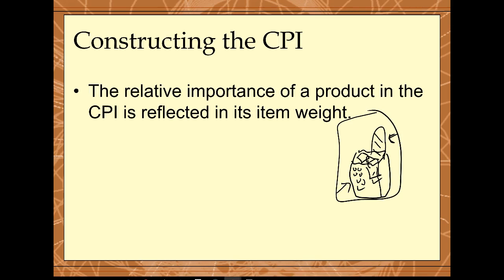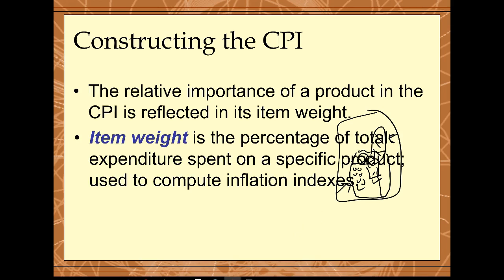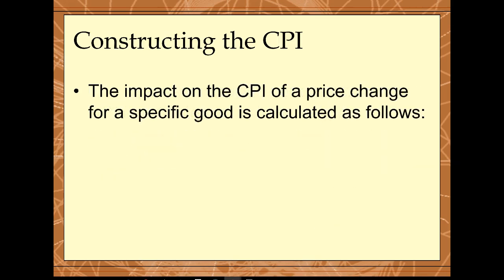We want the price change for bread to have a heavier weight than the price change for grapes, because you spend more money on bread, therefore it has greater importance in terms of price changes. So the impact on CPI of a price change for a specific good is calculated as follows.